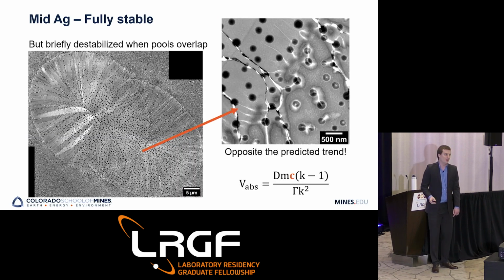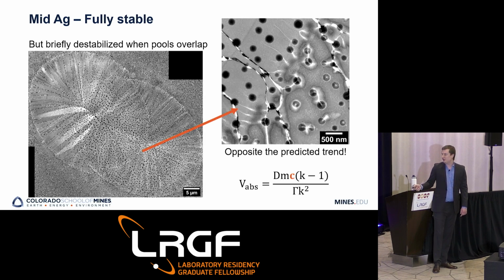And then as we go up in silver, we have a completely stable solid-liquid interface, no partitioning, perfectly homogeneous solid, which is actually fantastic because a lot of what we do for post-processing in additive manufacturing is getting rid of all the partitioning that happened from solidification. So if we could just start with a homogeneous solid, then that'd be great. So this lets us actually do that, except for at the zone where we remelt between pools.